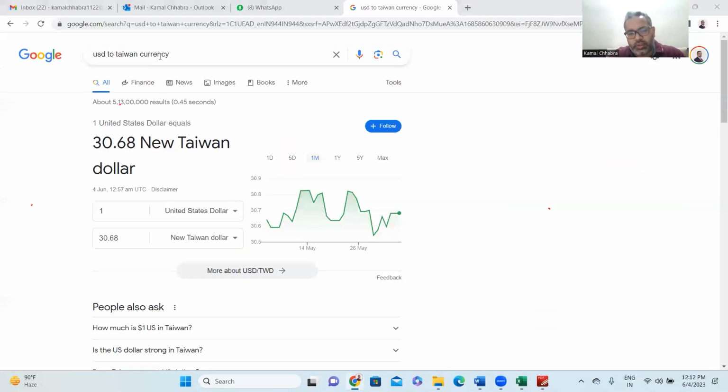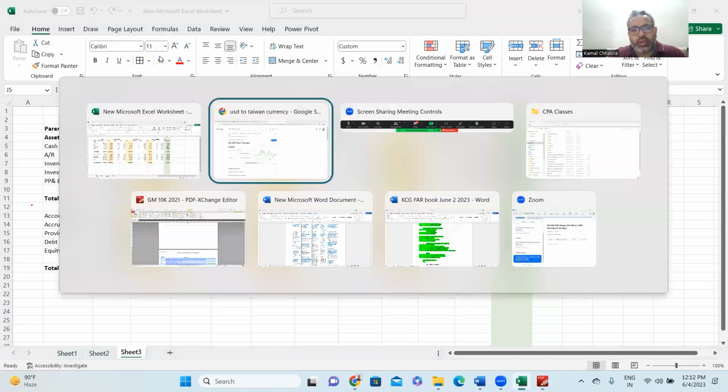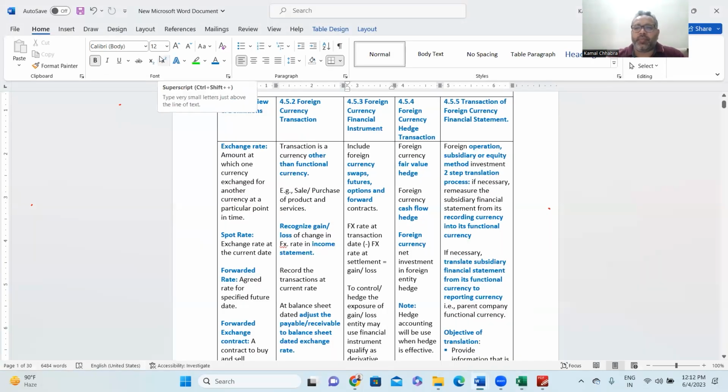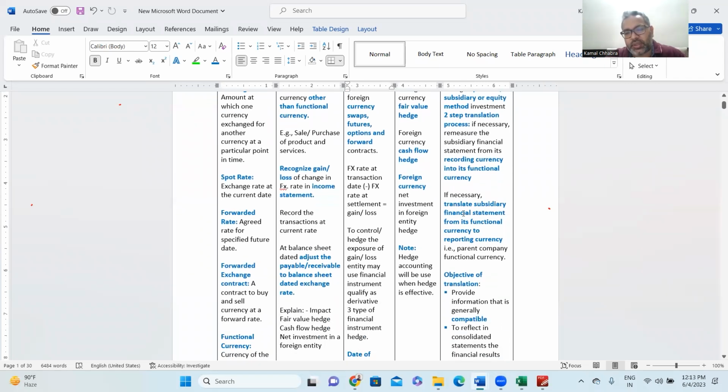Now you understood this. Now come to the theory. Then we correlate the theory with this practical example. So foreign operation, subsidiary or equity method investment, the two-step translation process. If necessary, remeasure the subsidiary financial statement from its recording currency to its functional currency. First, is that possible? Other option is, if necessary, translate the subsidiary financial statement from its functional currency to reporting currency.